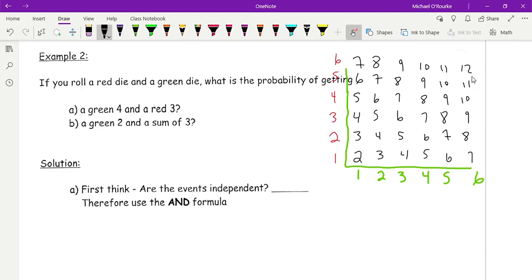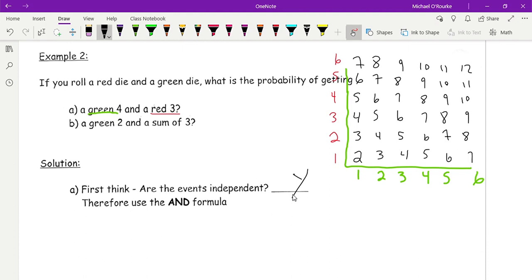Okay. So let's answer A first. We're looking for a green 4 and a red 3. So first things first: is the event independent, yes or no? Is rolling a green 4 and a red 3 independent of each other? Yes. So therefore we can use our independent formula, the "and" formula here.